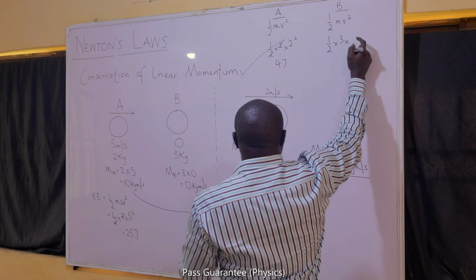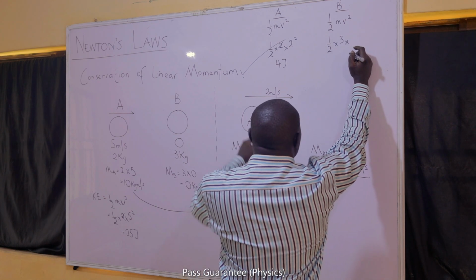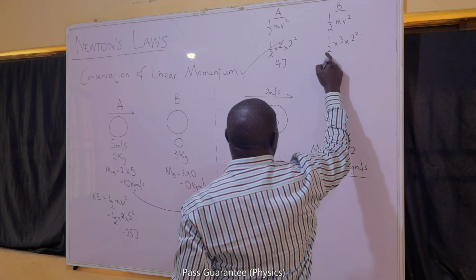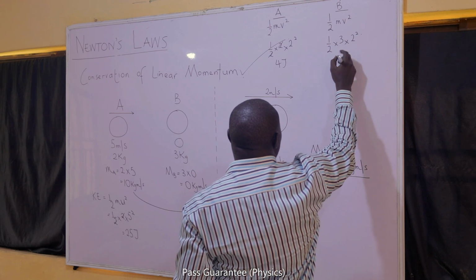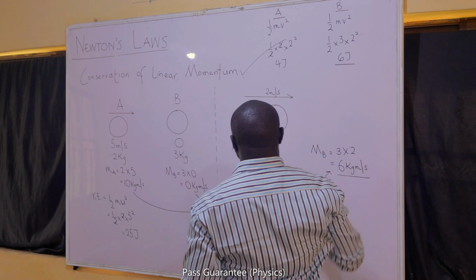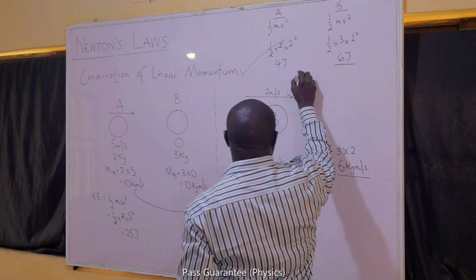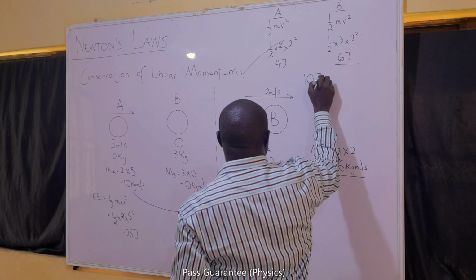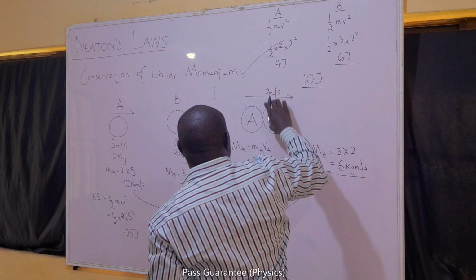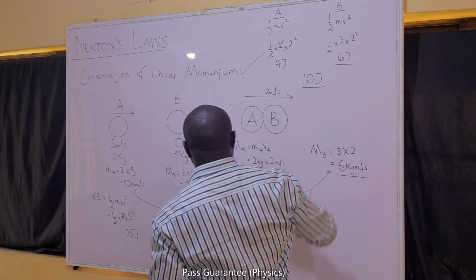The final velocity of B, since it has been moving with the same velocity as A, is 2. So I will have 3 times 4, which is 12, divided by 2, is 6 joules. So after collision, the final kinetic energy is 10 joules in total. That of A is 4, that of B after collision is 6, total 10.